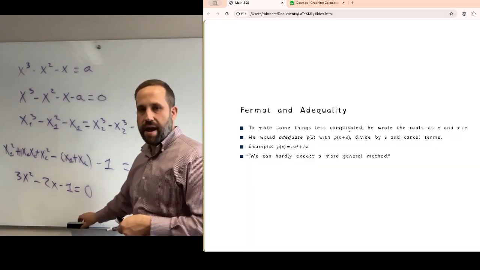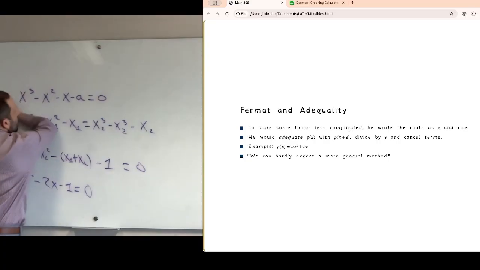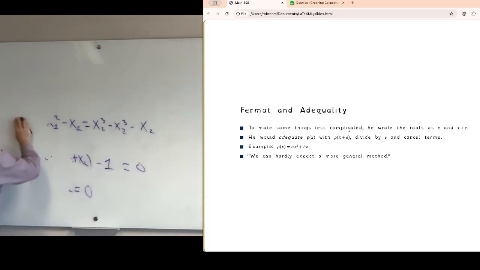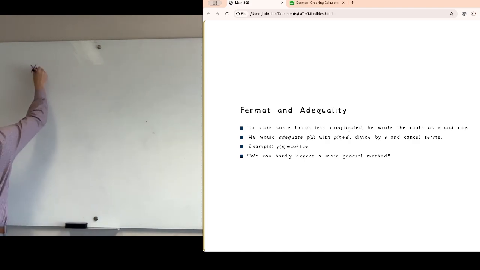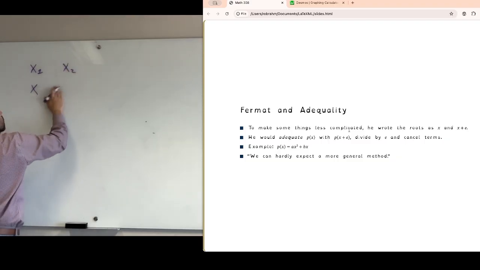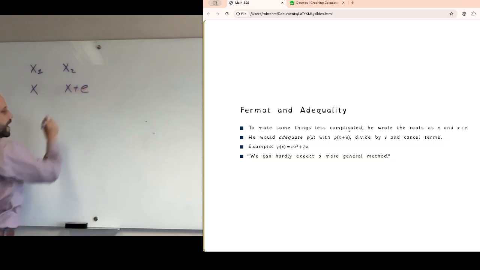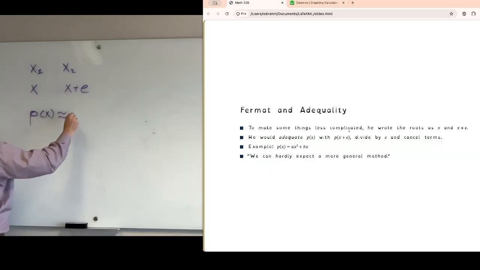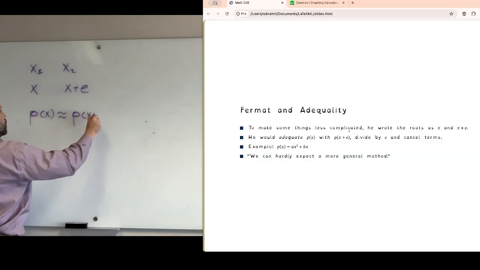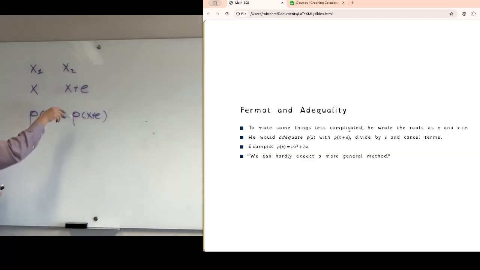Okay, so one of the next methods that Fermat does, I'm just going to mention a little bit briefly about this. Instead of calling the two roots x1 and x2, he just calls them x and x plus e. And then he has this idea that he has been using called adequating. So if you have a polynomial p of x, we're going to say it's not approximately equal, but adequate.